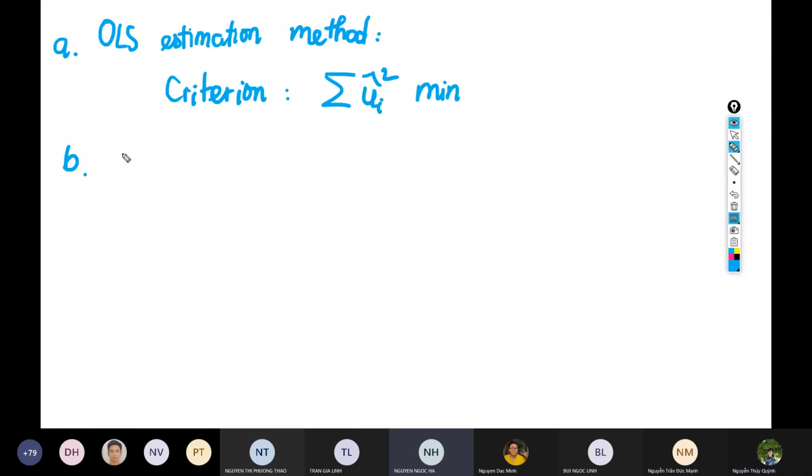That means the expected value of the estimator of Ui and Xi are uncorrelated. Yes, that's what I meant.